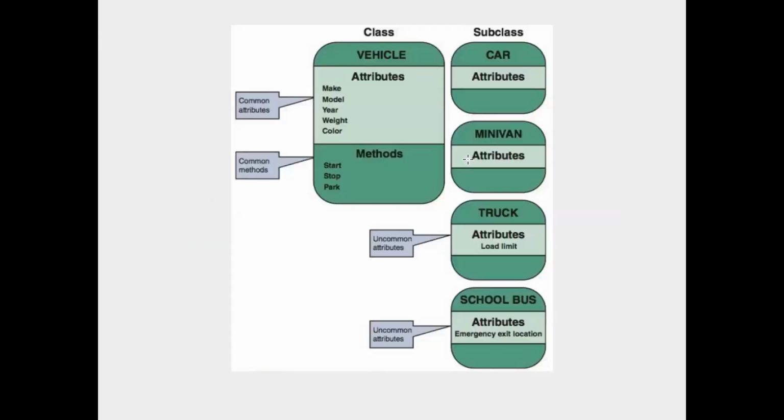So look at this example. We have a vehicle class, and we have a set of attributes. We have make, model, year, weight. So these are what we call common attributes. So all the subclasses, car, minivan, truck, school bus, they all share these common attributes.